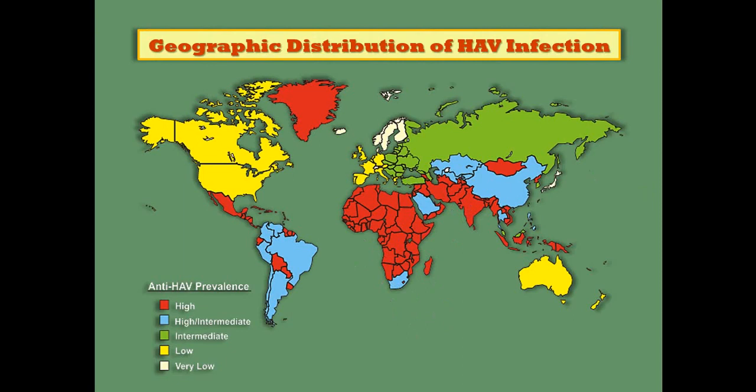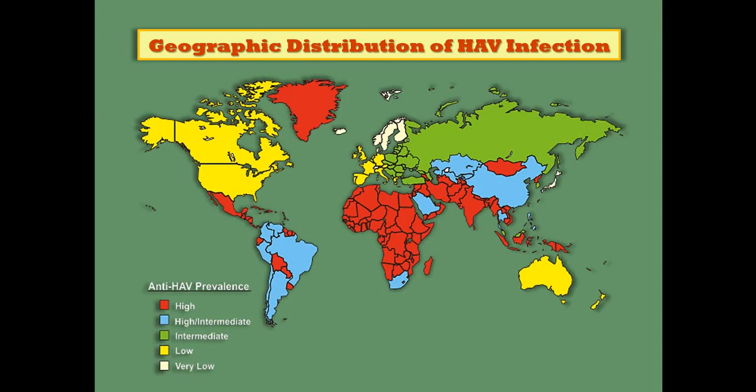This means that in developing countries like ours, with poor sanitary conditions and hygienic practices, about 90% of children have been infected with hepatitis A virus before the age of 10 years, so more than 90% of children have immunity from the infection by the age of 10 years.